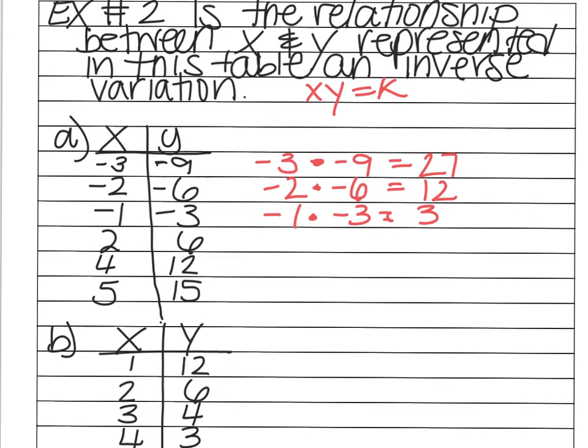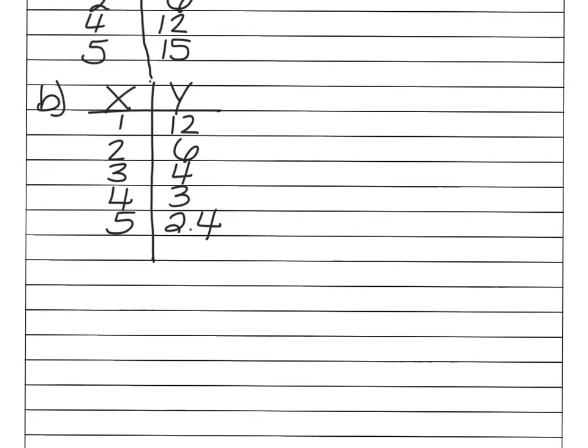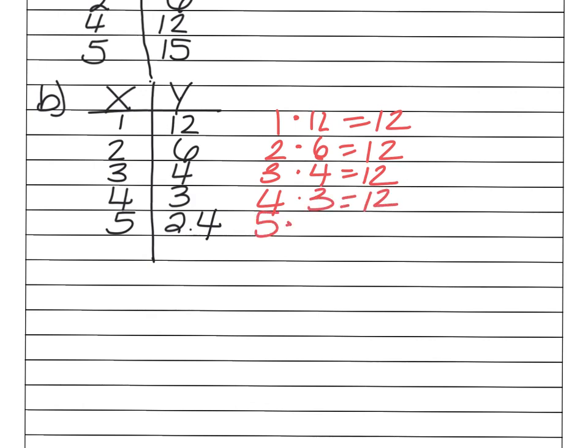Let's look at B. Again, we're going to multiply. We're going to have 1 times 12, which is 12, 2 times 6, which is 12, and 3 times 4, which is 12, and 4 times 3, which is 12, and 5 times 2.4 is also 12.